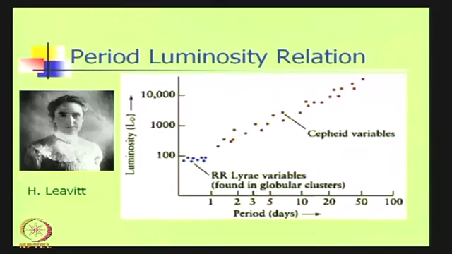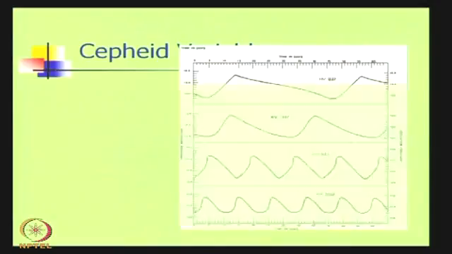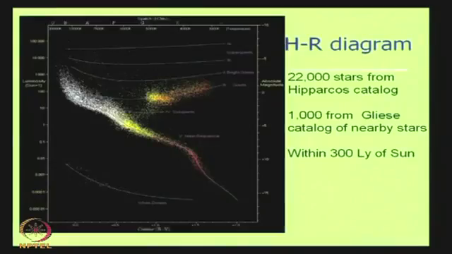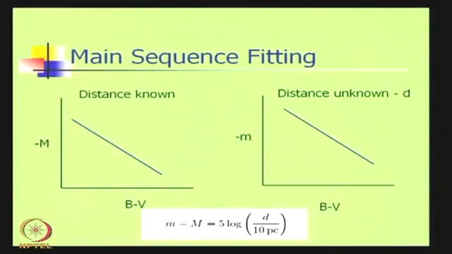So what is the next step in the distance ladder? The next step is that you have distances to open clusters from fitting the main sequence. In this process you try to find open clusters whose distances can be determined by main sequence fitting, and which also have Cepheid variables inside.